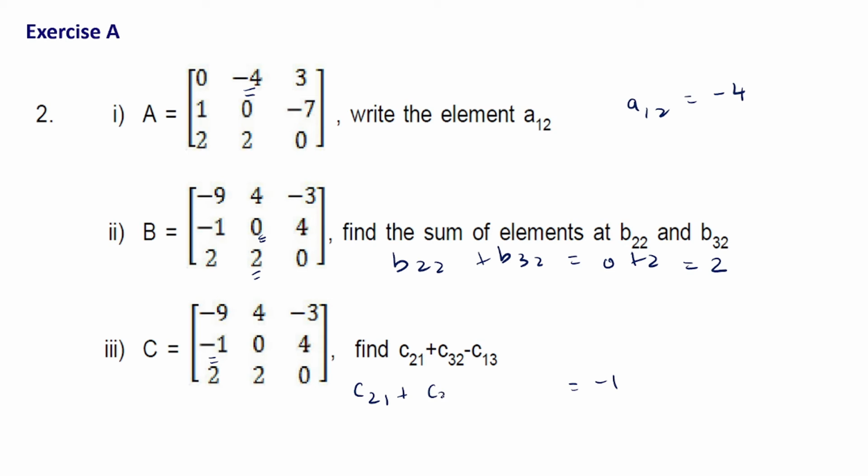Then plus C32. C32 is the element in the third row second column. So it is 2. Minus C13. C13 is the element in the first row third column. So it is minus 3. So here minus of minus 3. So it is minus 1 plus 2 plus 3. So it is 5 minus 1, which is 4.